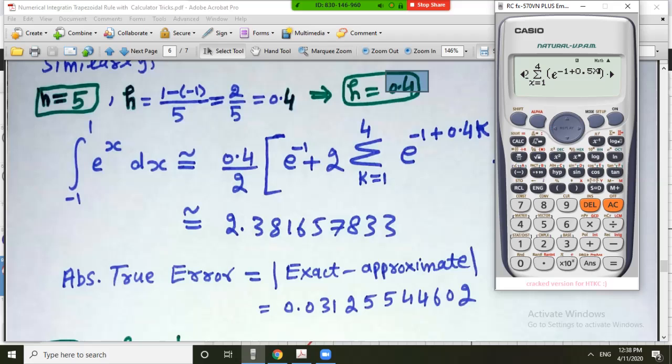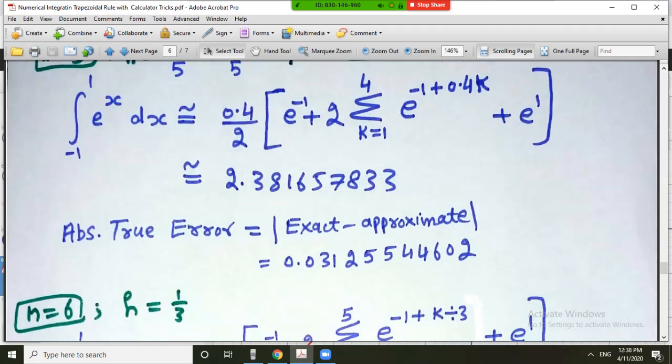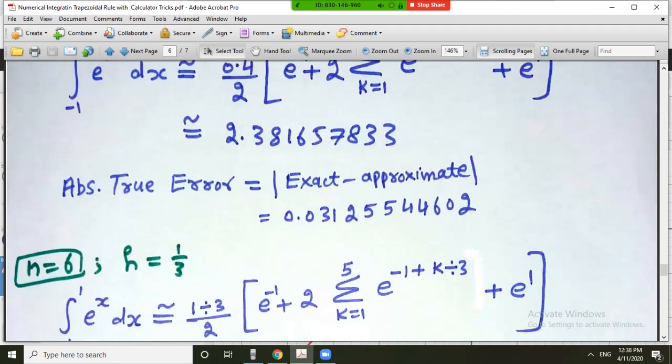And here we will have 0.4. Go back, and here we will have 0.4 also. Equal. We have this result now by calculator. Now the absolute true error is 0.031. The error is further reduced.